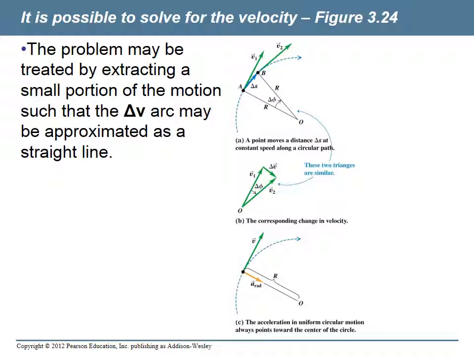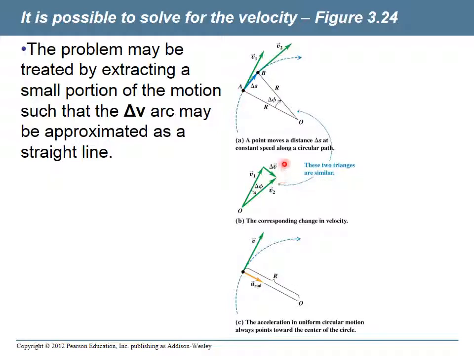These two triangles are similar. This triangle right here is similar to this triangle right here, and so their ratios are proportional. They're equivalent proportions. So we can say that delta v over v1 is equal to delta s over r. Because they're similar triangles, these ratios are the same.